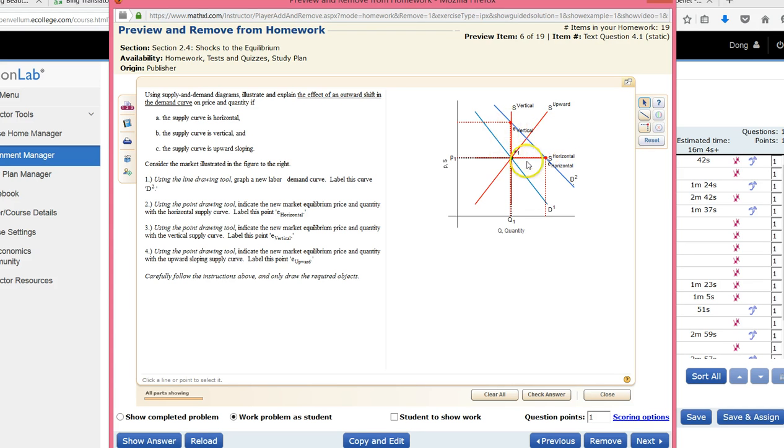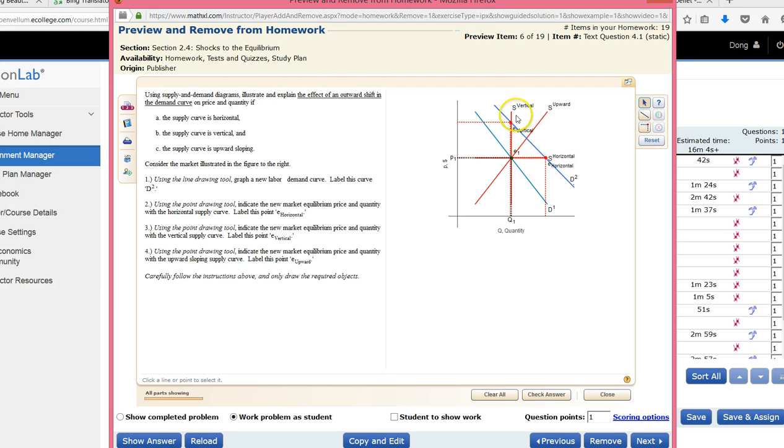So you can see that these two points have very different positions. For E vertical, the quantity doesn't change. The only thing that changes is the price, and the price increases a lot. But when the supply is horizontal, as we just discussed, the price doesn't change. The only thing that increases is the quantity.